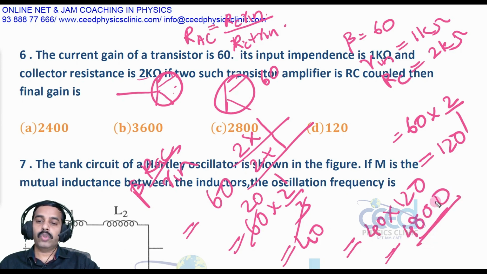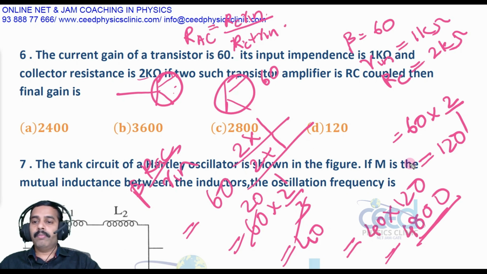Unfortunately there is no such option given, so we have cancelled this question in the examination. I think we already informed you after the examination. The real answer is 4800, but it is not given in the options.